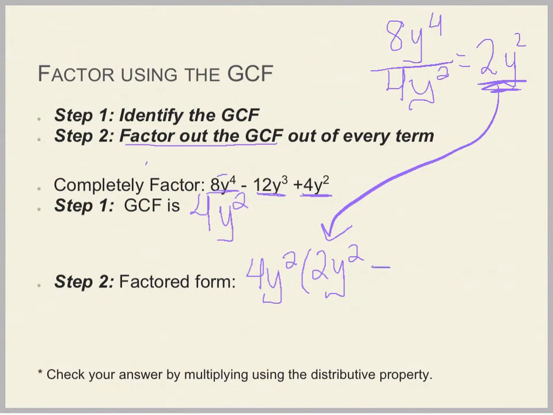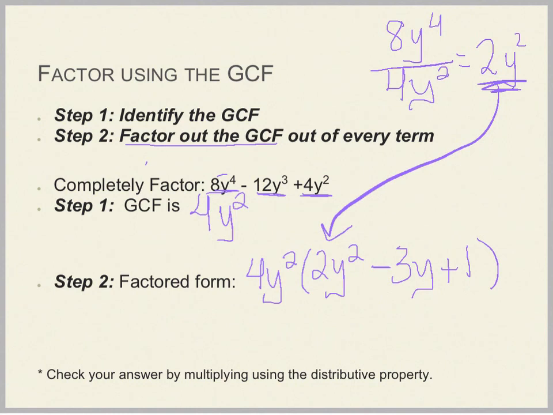Using that same logic, if I'm factoring out a 4y squared from negative 12y cubed, I'm left with a negative 3y. And if I'm factoring 4y squared out of 4y squared, I am left with 1. Now, I must write that 1. It's very critical because I have 3 terms initially in this polynomial.